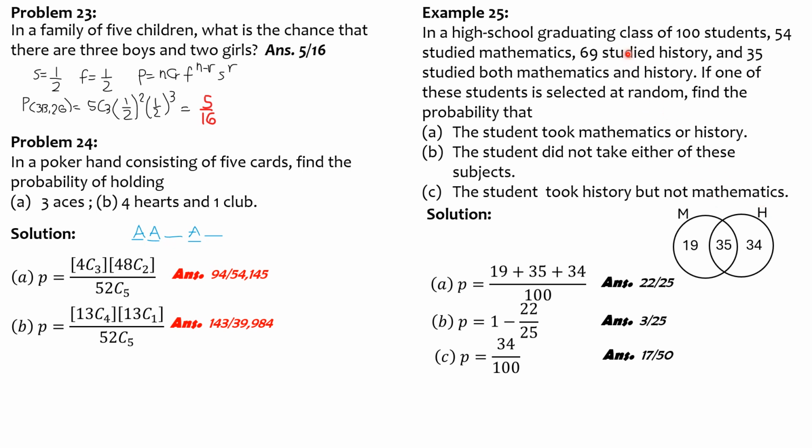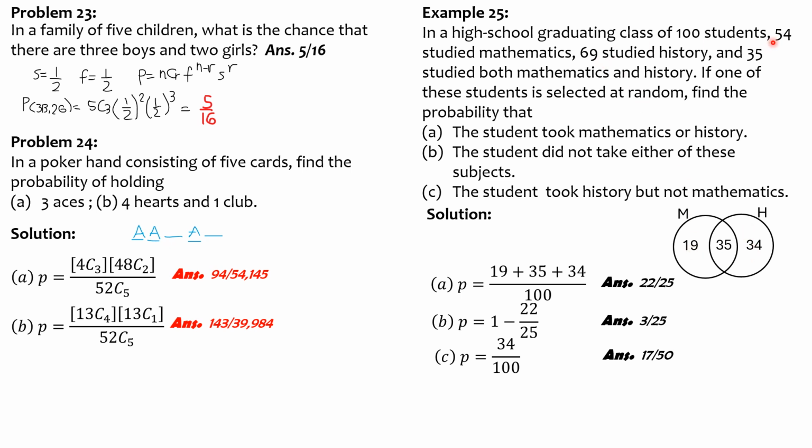So remember, we use the Venn diagram here. The first group, circle, mathematics, then this is history. We fill in the one that is common to the 2, and we have here 35 studied both mathematics and history. 69 studied history, so 69 minus 35 is 34. 34 students are exclusive history students.